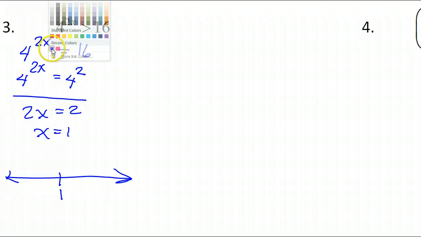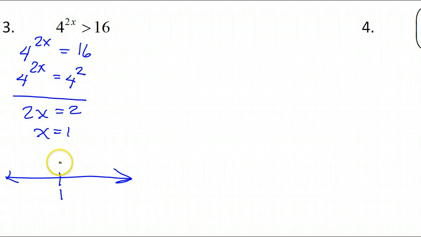So that tells me that I'm going to have an open circle. That's my key value, because this divides the number line into 2 parts: everything below 1, and everything above 1. So we need to pick a test value on either side.